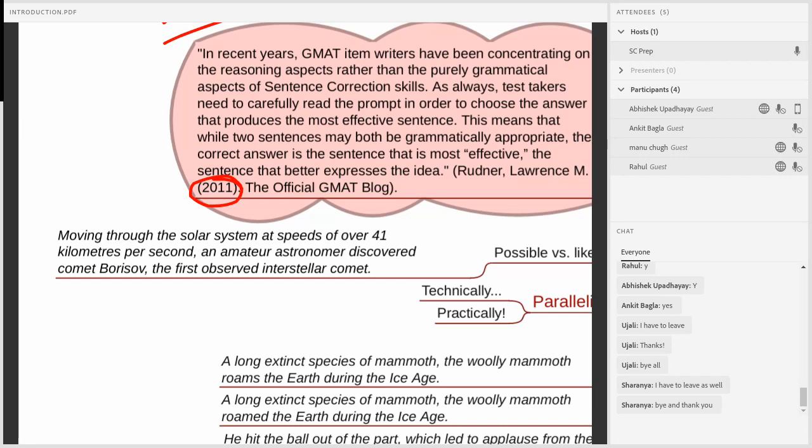Now let me read it with you. Moving through the solar system at speeds of over 41 kilometers per second, an amateur astronomer discovered comet Borisov, the first observed interstellar comet.